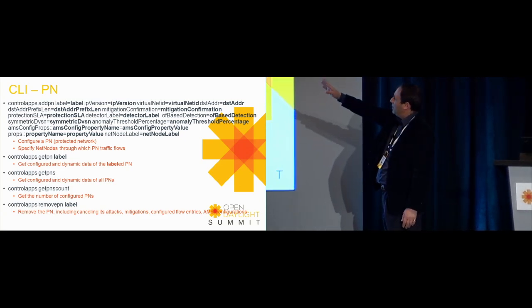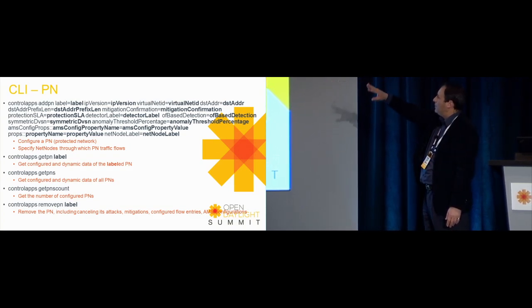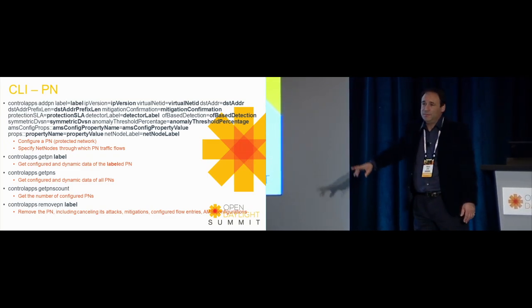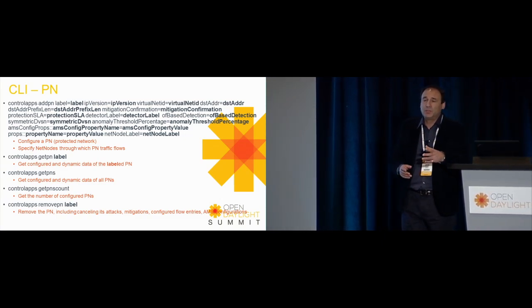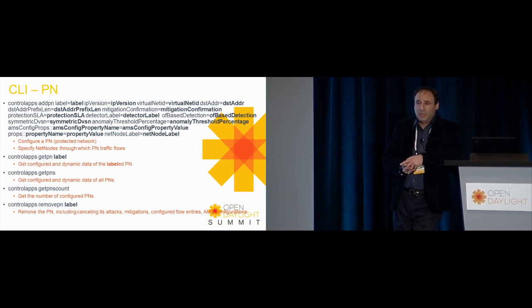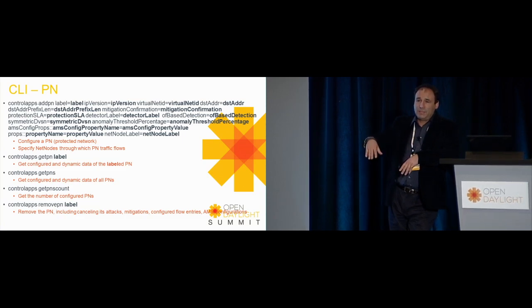So we have the label, the PN label, version of IP, IPv6, IPv4. Virtual network ID. Virtual network ID is something that can optionally be used, especially in more virtual setups or abstract or overlay setups, in which over the same network we may have several overlays. I can share the VTN example, right?